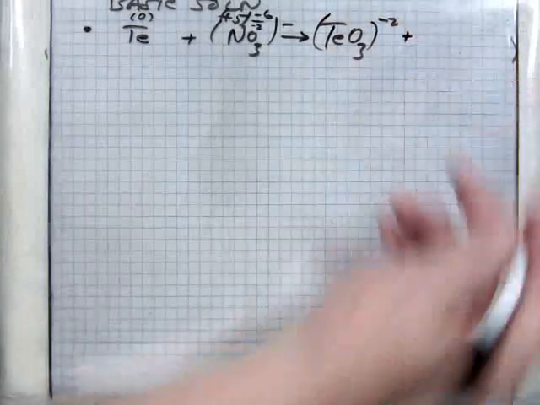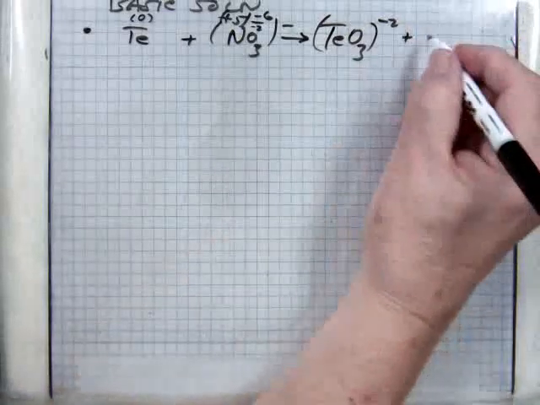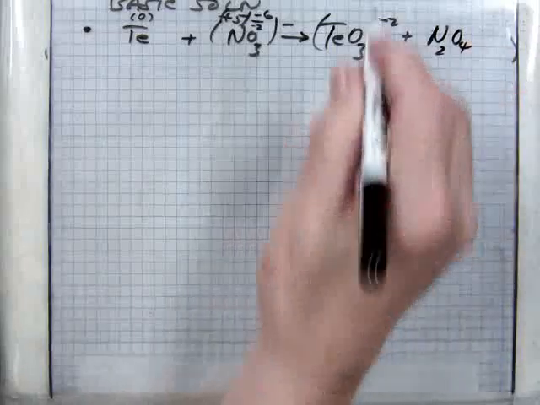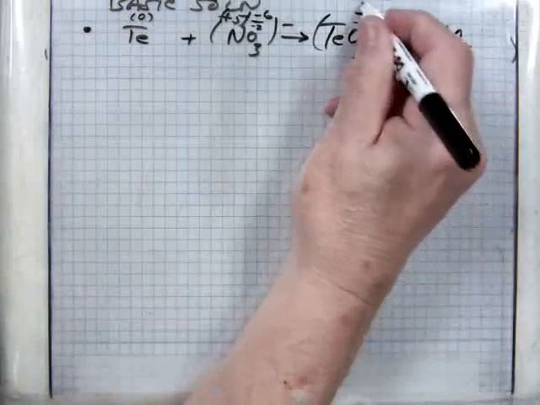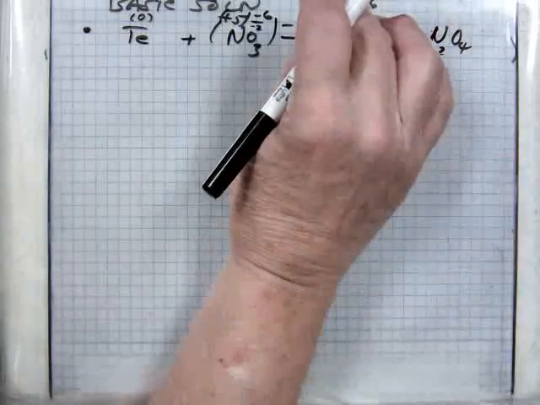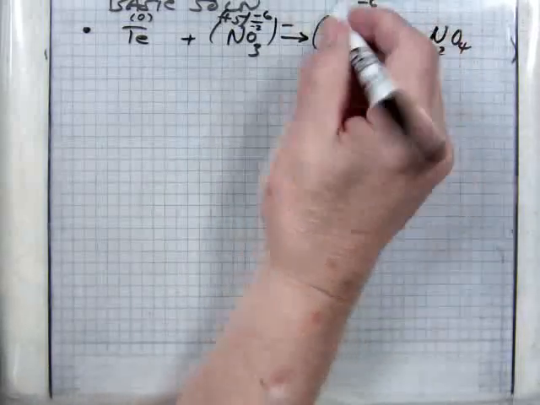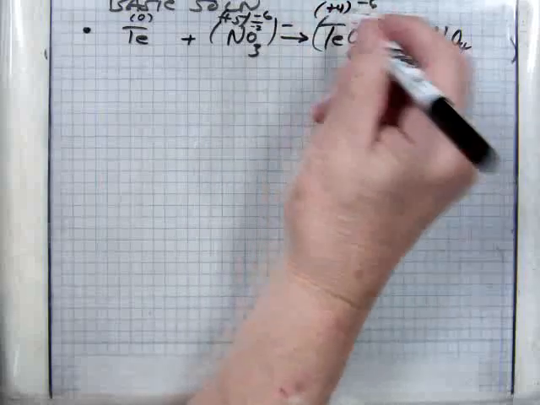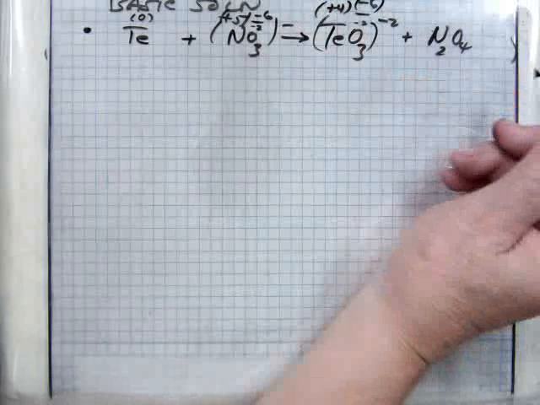And let's see, what's the other one? Into O4. There we go. Okay, oxygen is a -2, -6, so that would have to be a +6. Oh, not true. -2 overall, so that would be a +4. +4 -6 gives me a -2.